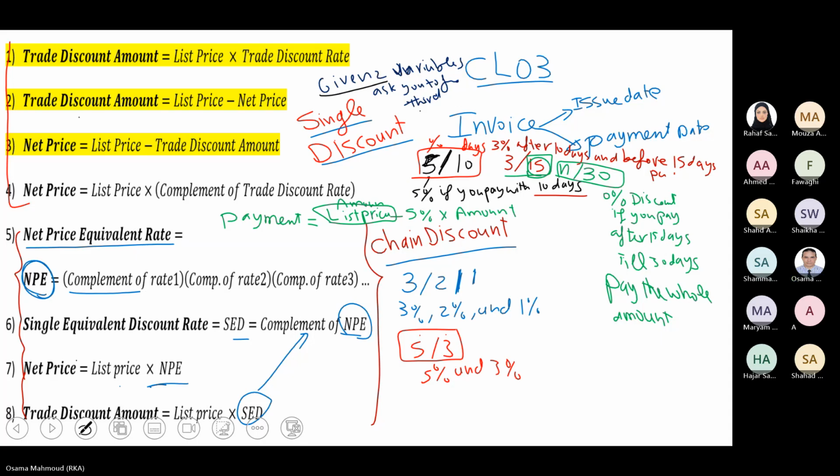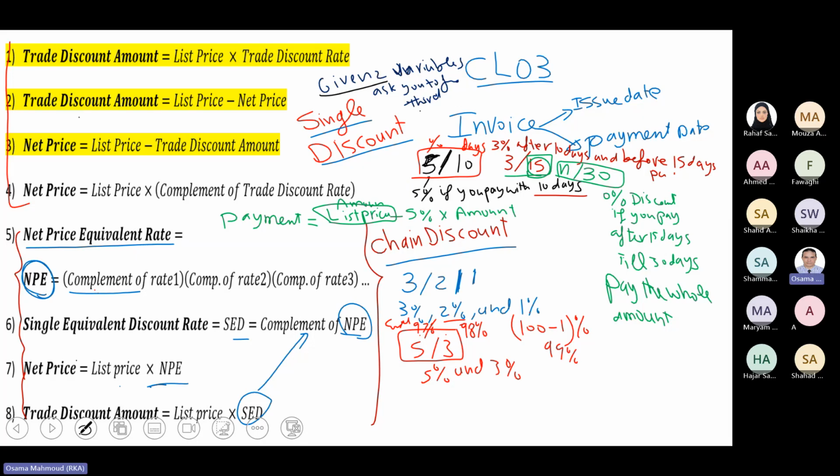Ready? And you understand the complement? So here, this is 3%. The complement for this one is 97%, right? The complement of 2% is 98%. How do I get this one? 100 minus the rate, 100 minus the rate percentage. So it is 99%.